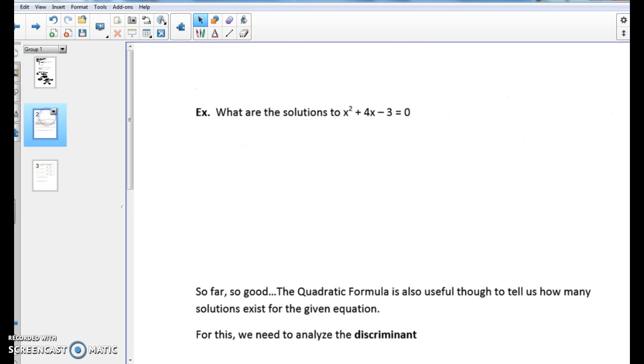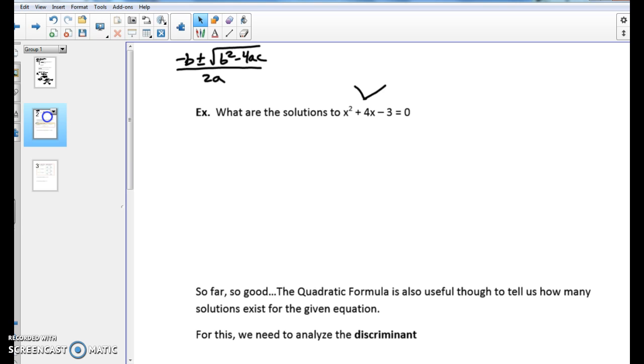Let's go to the next page. And we have another one. What are the solutions to x squared plus 4x minus 3? So again, the whole reason we use this quadratic formula is because we're trying to find the solutions, but we're running into a wall if we tried to factor this, right?